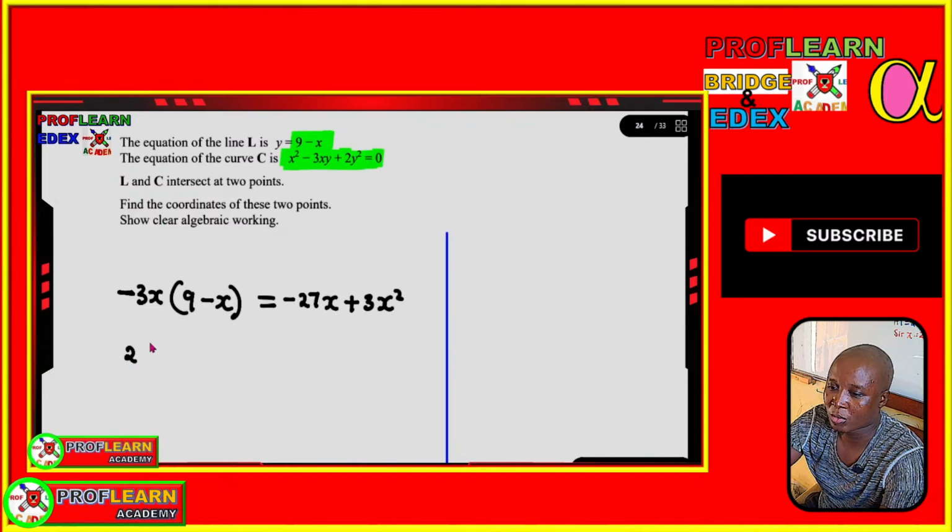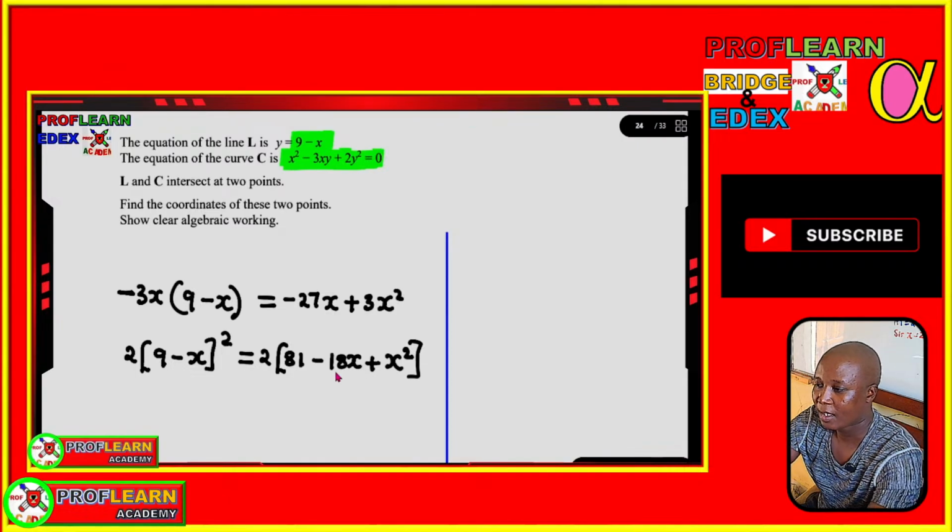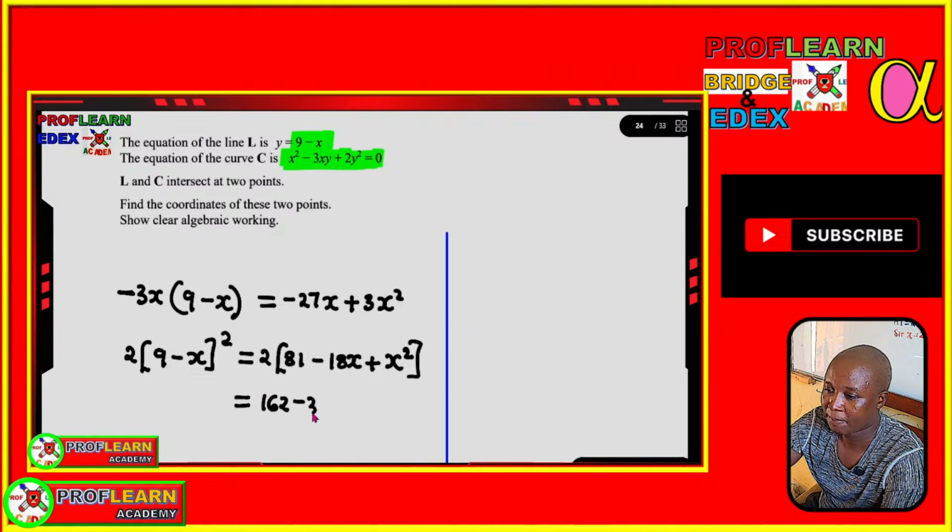Then we are also going to work out 2 times the square of y, that's going to be 9 minus x squared. That's going to translate to, we square that. So that would be 2 into 81 minus 18x, then plus x squared, which will mean that we shall have our answer as shown here.